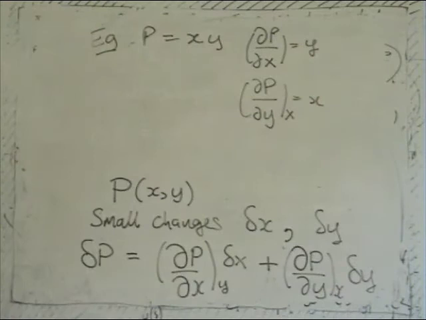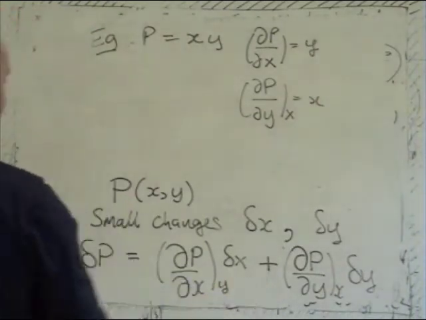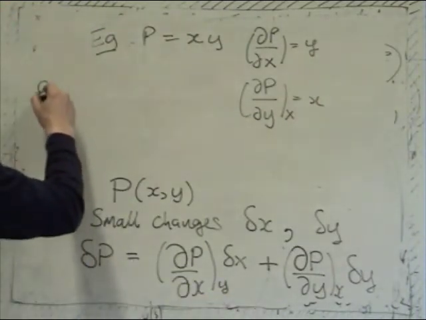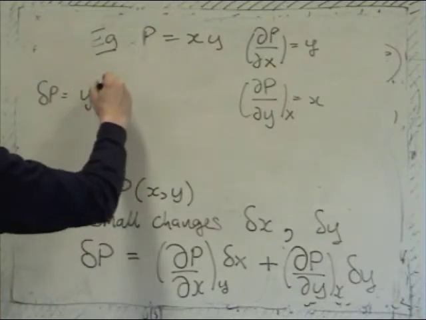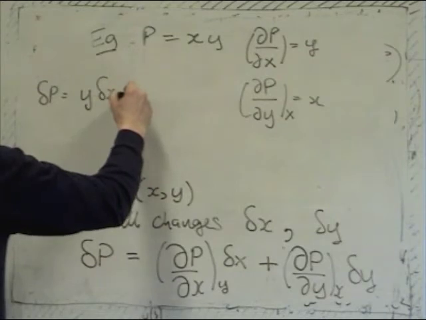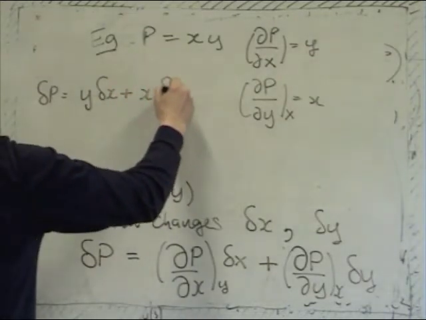So in this case, you substitute into the equation at the bottom, and you discover that the total change in p equals y times the change in x plus x times the change in y.